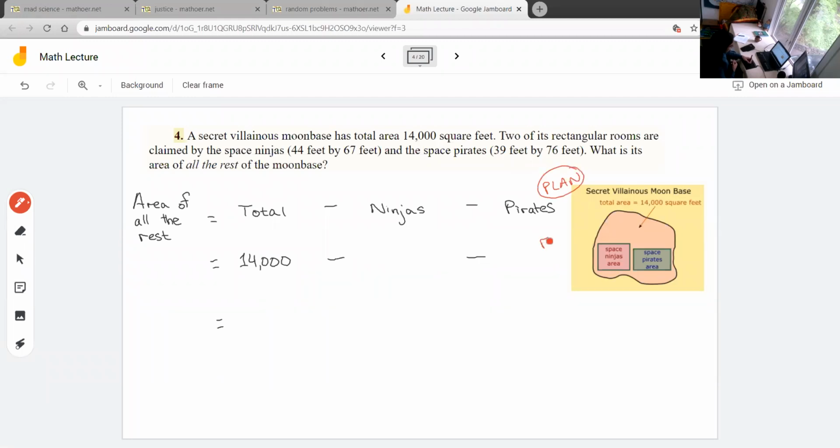Here I'm going to put in the formulas. So I'm just going to write length times width and length times width. I'm not going to rush and plug things in yet. I'm going to plug things in only at the third step.